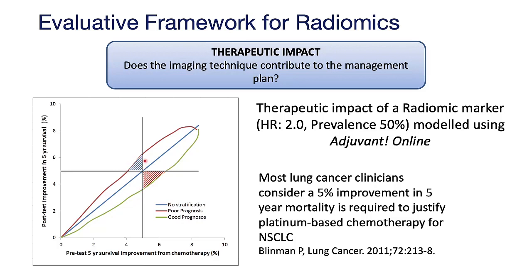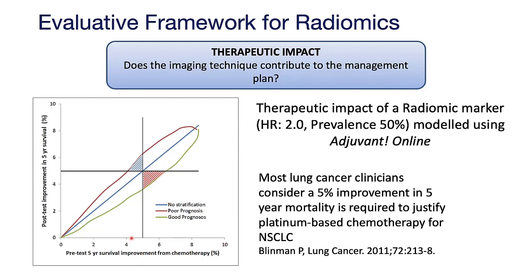But these shaded areas here represent the conditions where a patient would change their treatment based on deployment of the biomarker. So here, for example, if you've got a pre-test survival probability benefit from chemotherapy of 5.5%, this reduces to just over 4% in the good prognostic group, so you wouldn't benefit from chemotherapy.